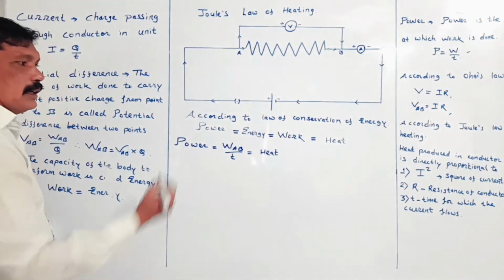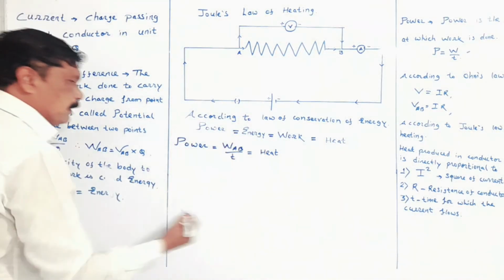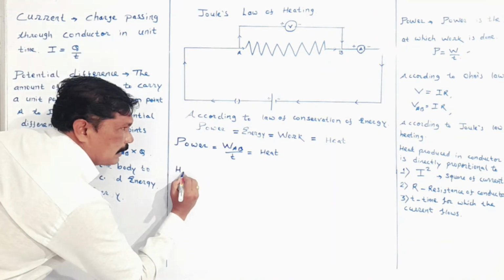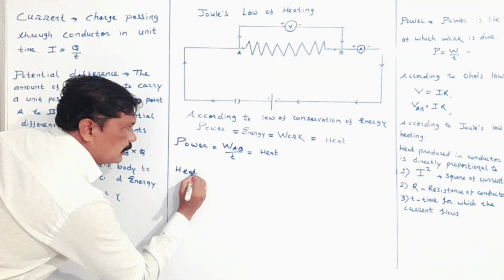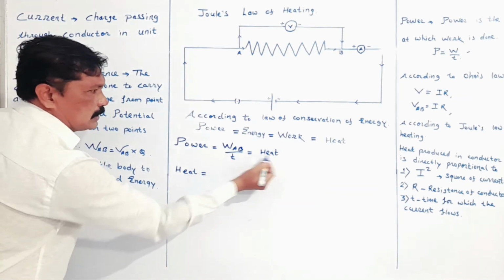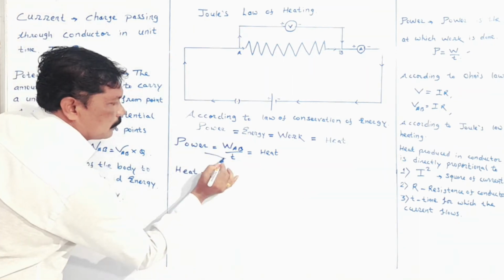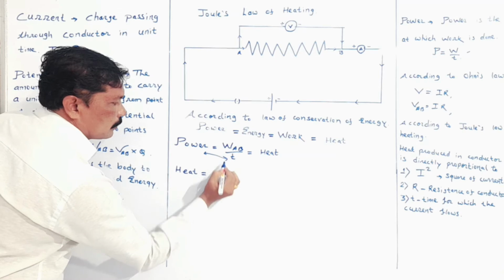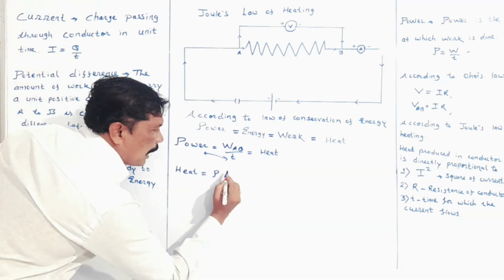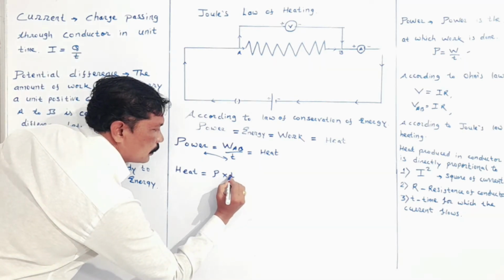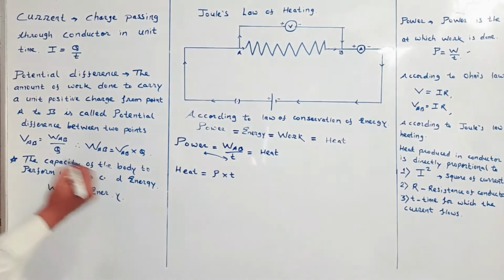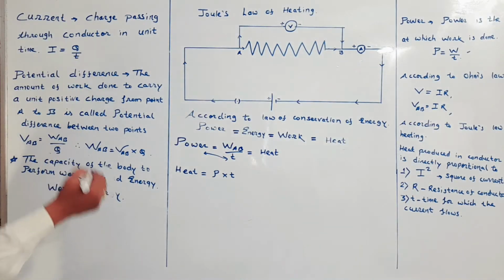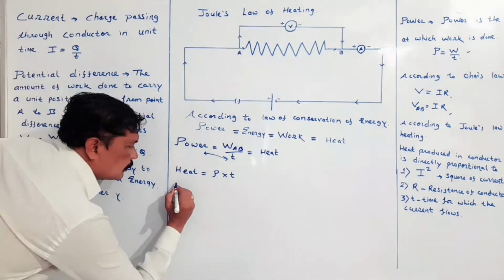But here we have to find heat, so we will write the formula of heat. Heat is equal to power into time. But again, what is the formula of power?